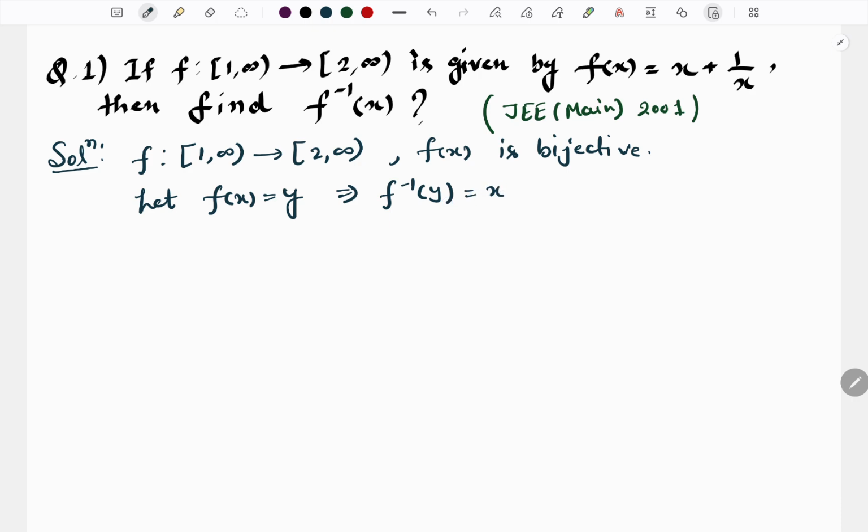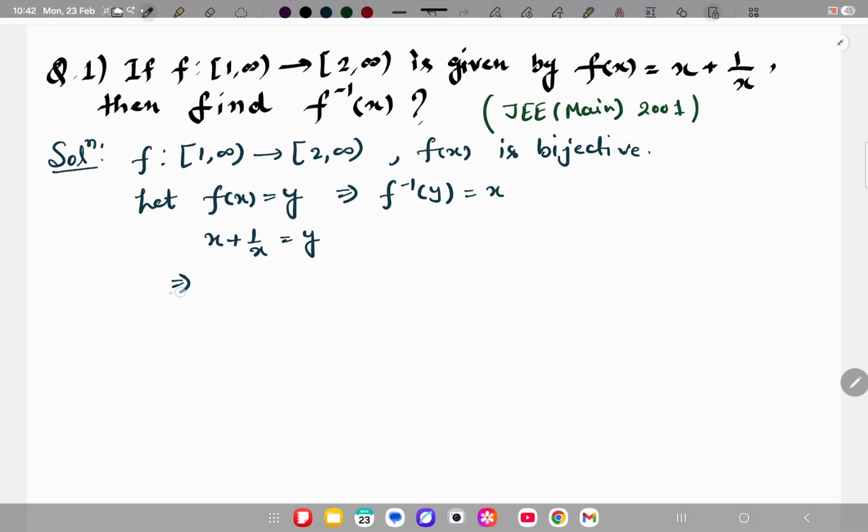So by this concept, if we put y in the place of f(x) and solve for x in terms of y, then whatever expression you get in y will be the inverse of that function. So I'm putting in the place of f(x) that is x + 1/x. Now I will find this x in terms of y. Okay, so let's simplify it.